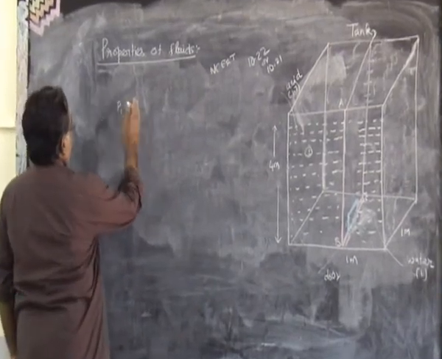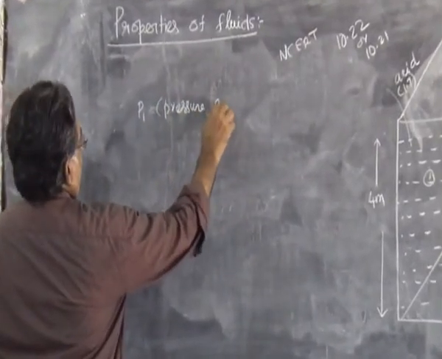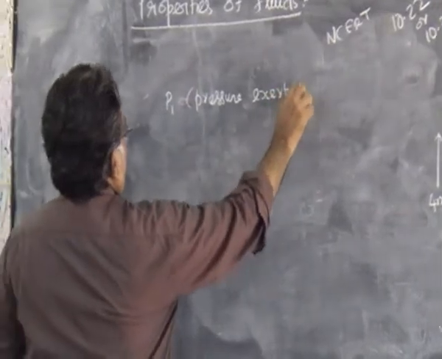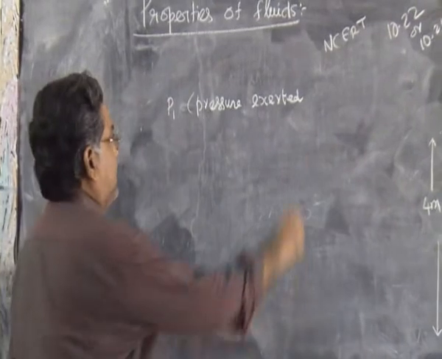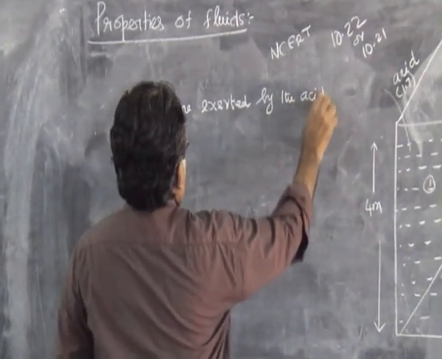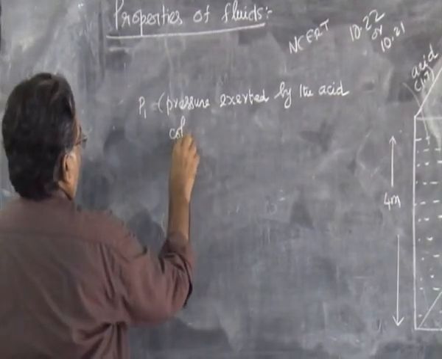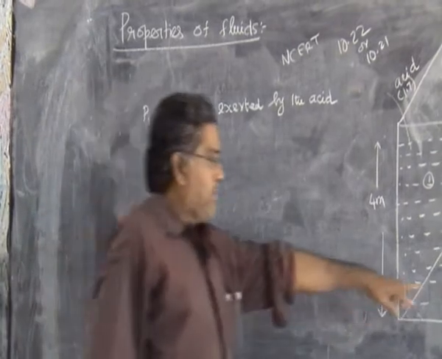So P1 is the pressure exerted by the acid column, which is on one side of the door at the bottom of the tank.